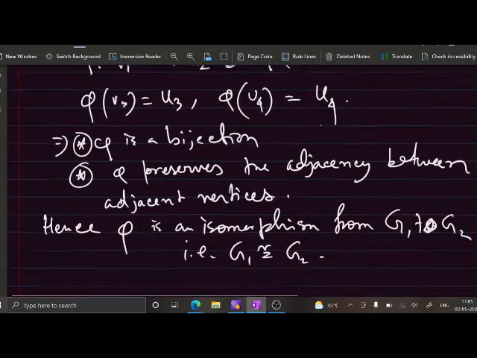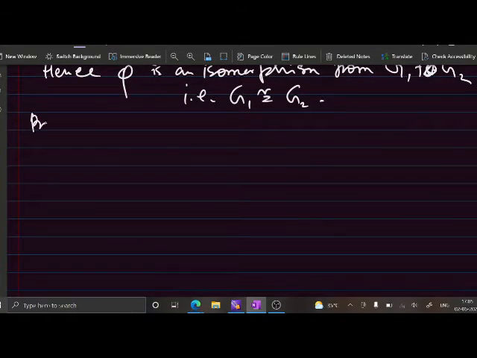Okay. Now I can give you 2 examples, 2 problems. So you need to check that these 2 graphs are isomorphic.